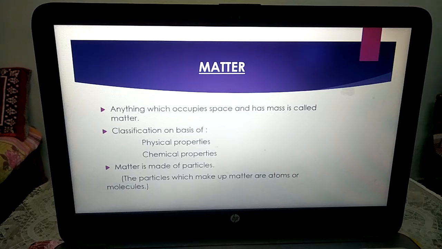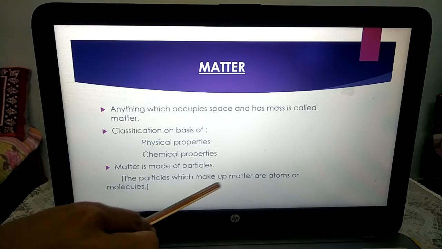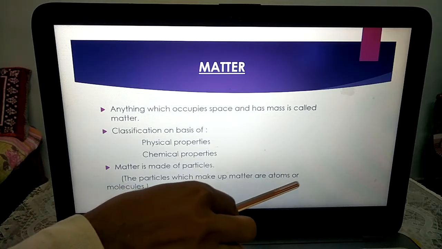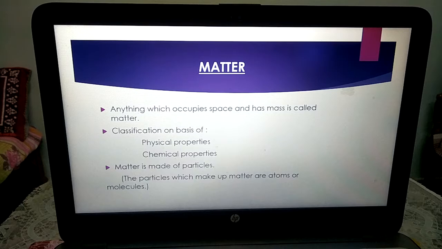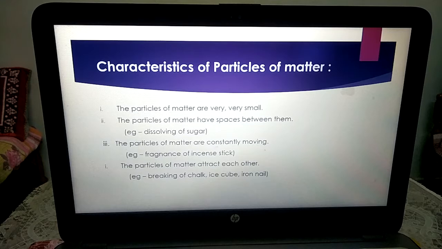The particles which make up matter are atoms or molecules. Okay, now let's move to the next slide.